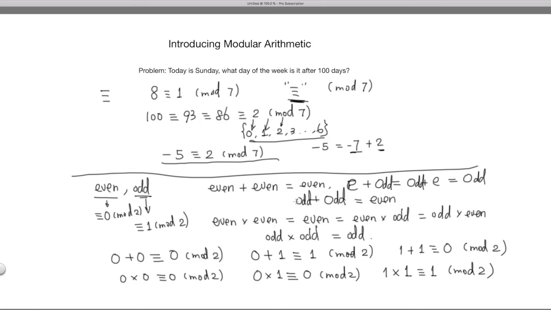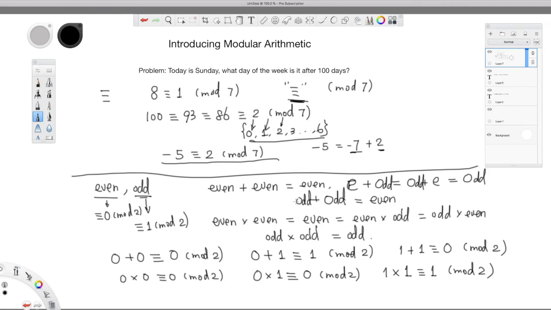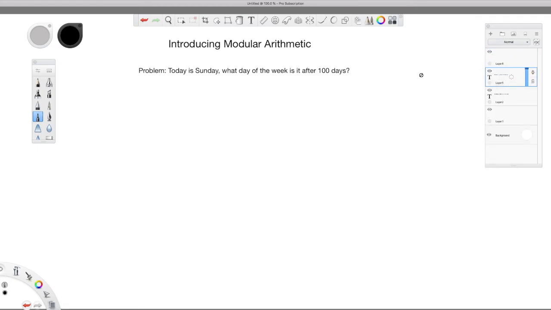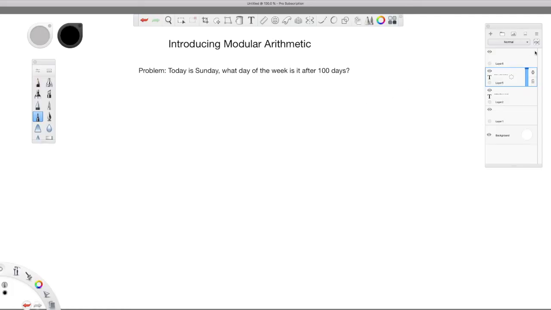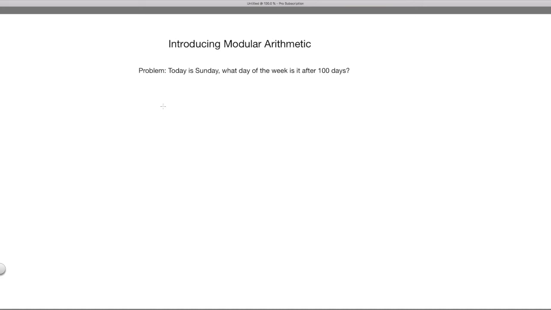So this can actually be generalized into any modulus n.